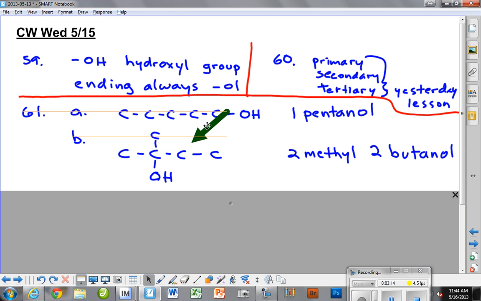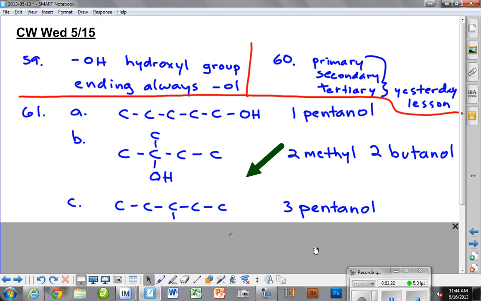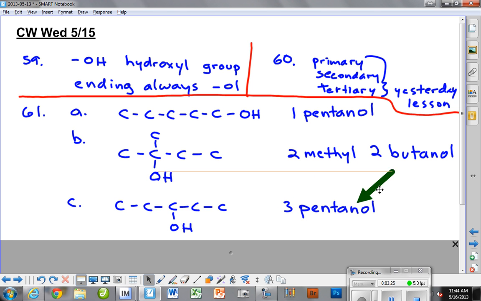And this is a tertiary alcohol because the carbon hooked to the hydroxyl has 1, 2, 3 carbons hooked to it. As we go down to letter C, you'll see a 3-pentanol, pentanol because we have 1, 2, 3, 4, 5 carbons in the chain, and our hydroxyl group is on number 3. So 3-pentanol.